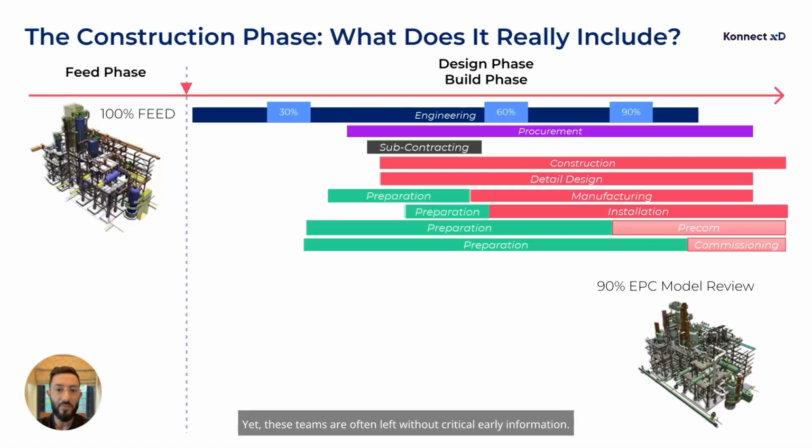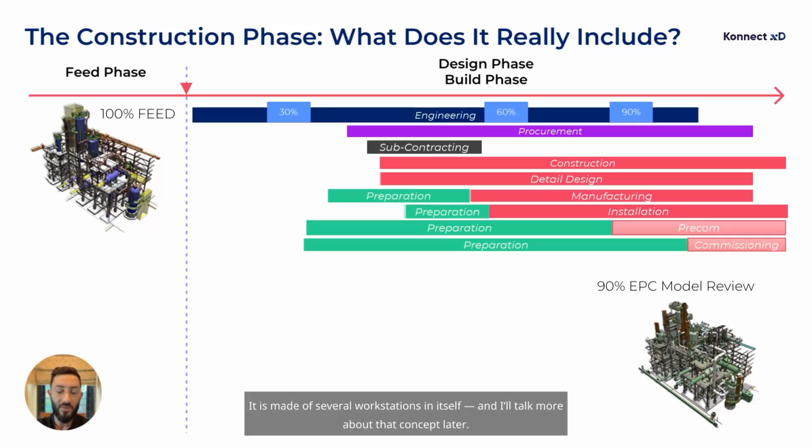Yet, these teams are often left without critical early information. They can't fully plan fabrication or foundations in time. This manufacturing phase, the transition between procurement and installation, is one of the most underrated in the whole EPC lifecycle. It deserves more attention. It is made of several workstations in itself. And I'll talk more about that concept later.